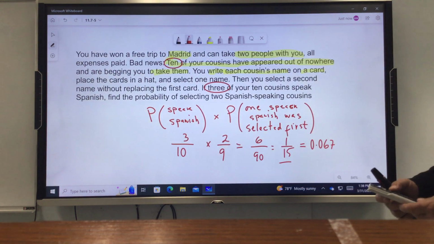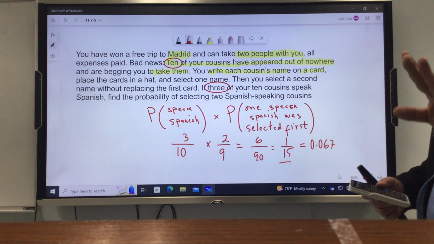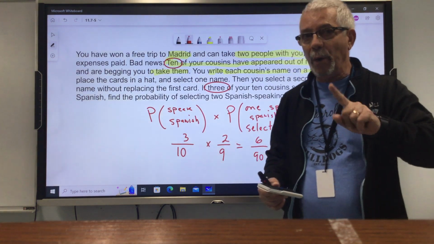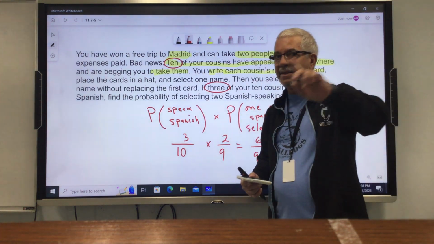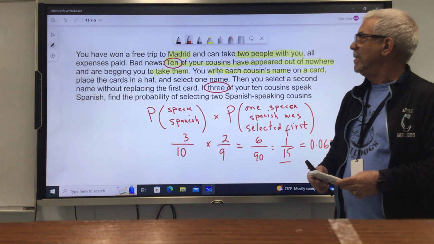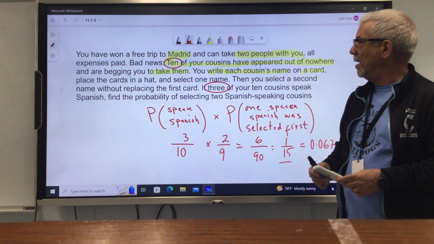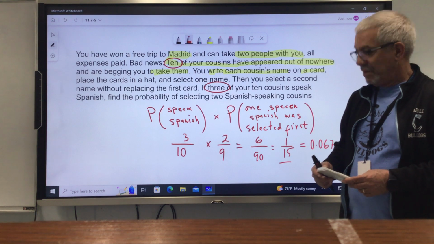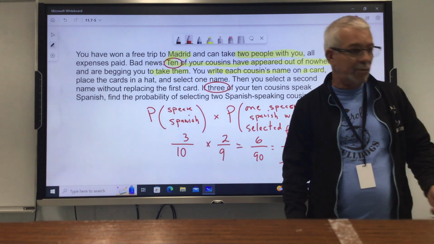Alright? And that is the second part of the lesson today. We have one more. This was probability with dependent events. And let's see now the last part, that is conditional probability.